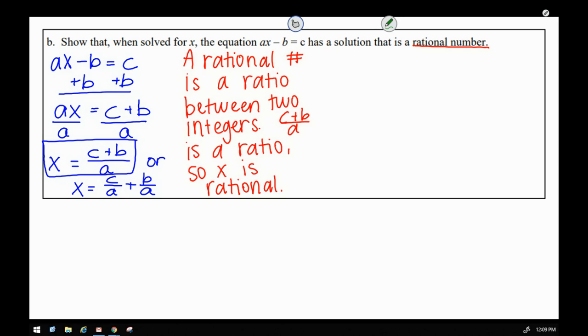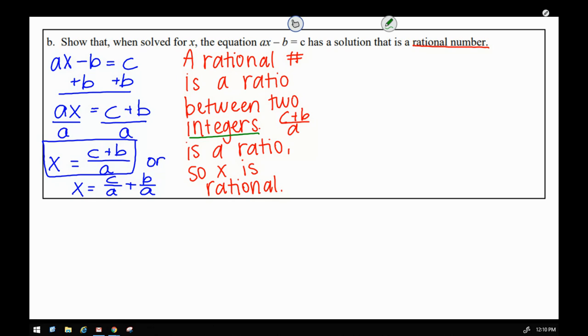Have I said anything else? Have I given any more vocab words that we talked about so far that I haven't explained? Again here, they have to be an integer.